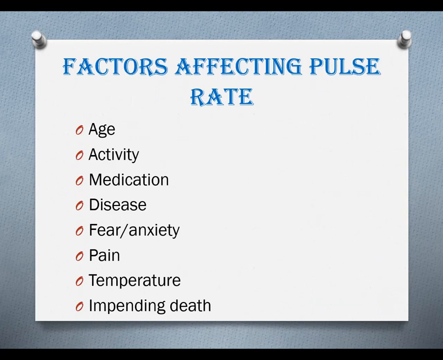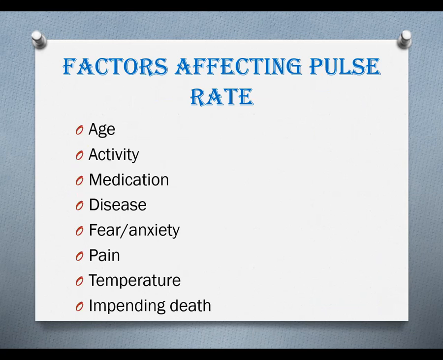Medications do affect the pulse. It can either drop the pulse down or increase it. Some diseases do the same. Fear and anxiety does affect pulse rates. When somebody is afraid or anxious, their pulse will probably be higher.